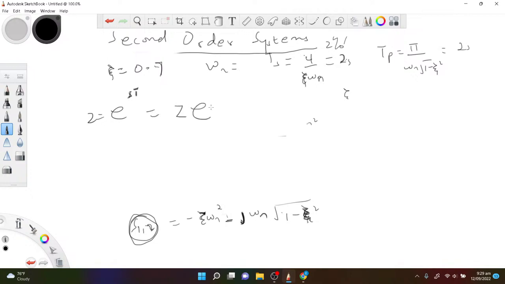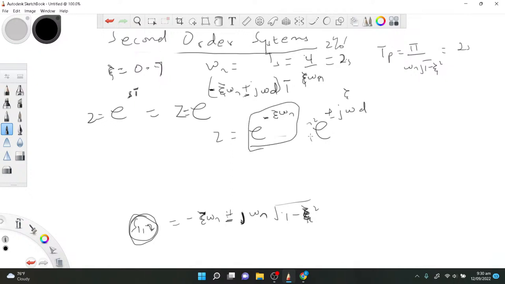That's z equals e to the power negative zeta omega n plus or minus j omega d, let me just call it omega d, multiplied by T. Then z is equal to e to the power negative zeta omega n T, multiplying e to the power plus or minus j omega d T. This is our magnitude, and this guy here is our argument from complex numbers.